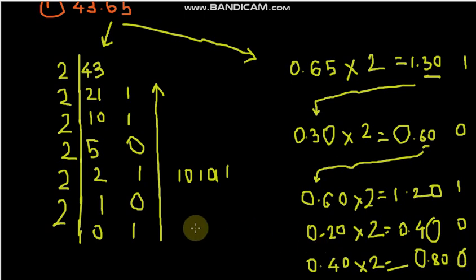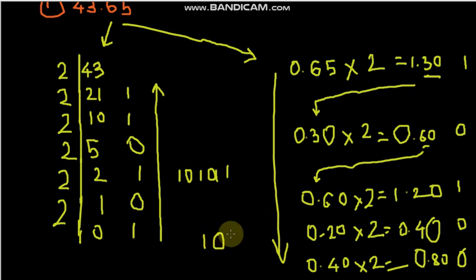What we did for the real part is that we divided by 2, and the remainders we wrote from the downward to upward direction. In this case, we have to do the opposite. We write down these numbers, 1 0 1 0 0, in the downward direction. So we get 10100.